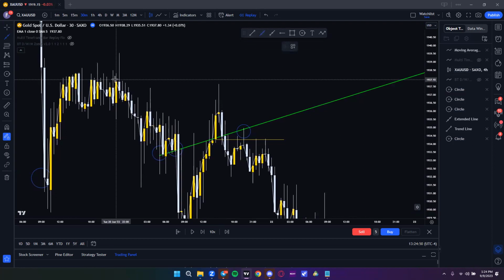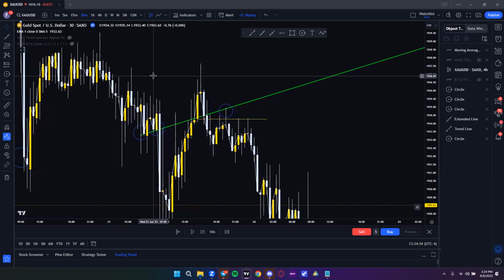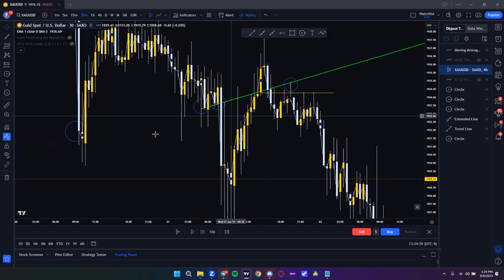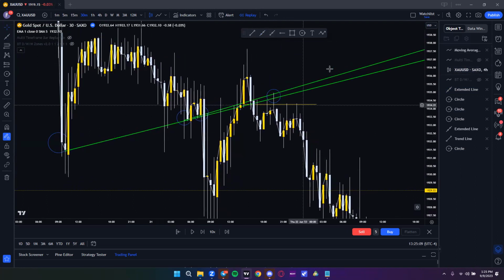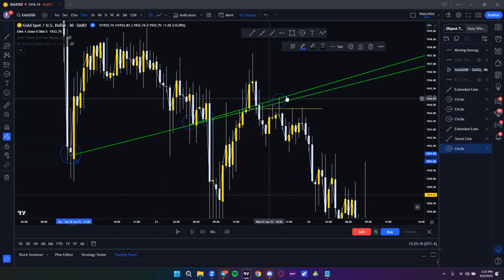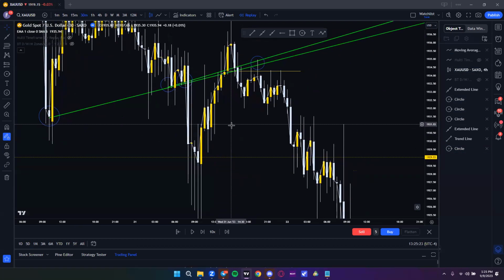I just can sense, I feel like there is one, or maybe not. Yeah, you could use that as well. Being that this is support, and then resistance, completely valid.